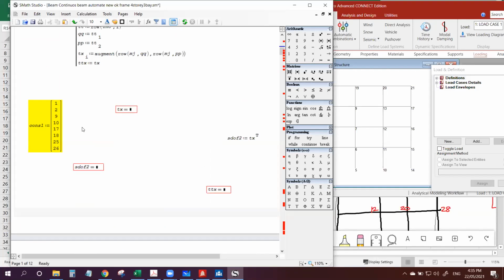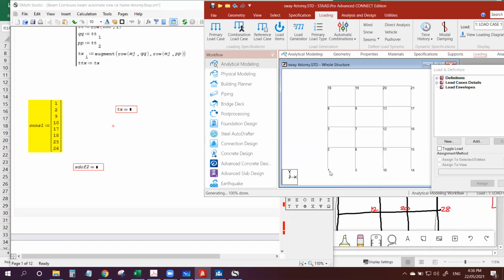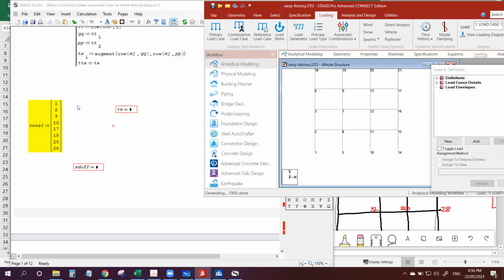Constraint. Constraint is 1, 2, 2, 4, 6, 8, 10, 12.